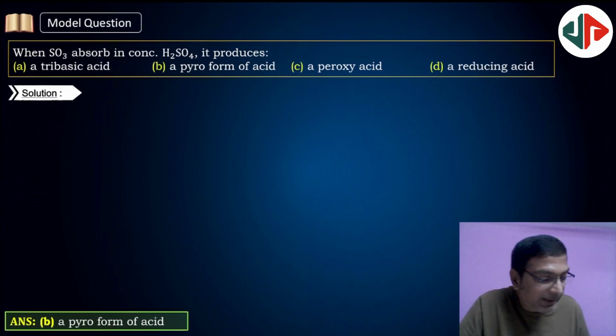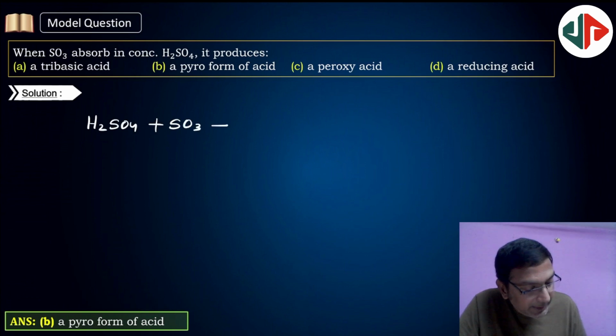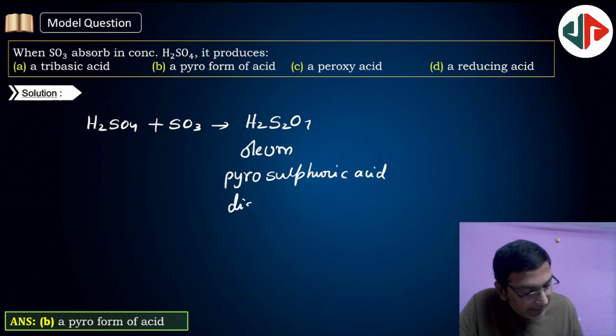When SO3 is absorbed in concentrated H2SO4, it produces: H2SO4 concentrated plus SO3 gives H2S2O7, which is known as oleum or pyrosulfuric acid or disulfuric acid.